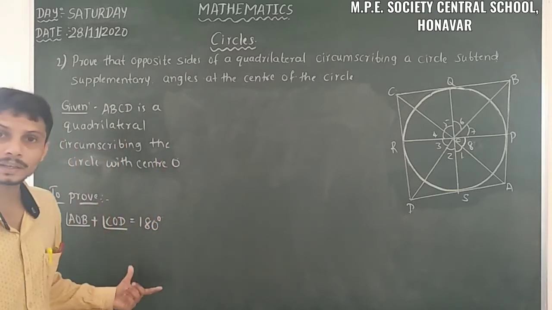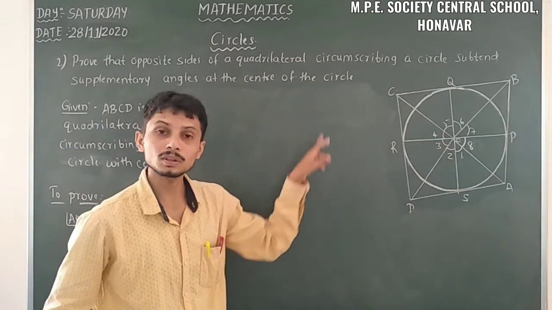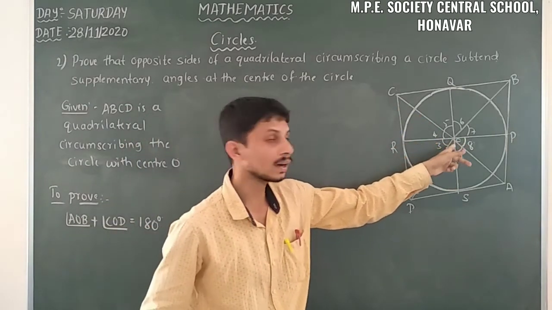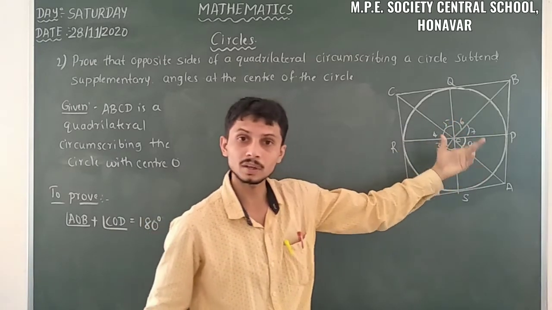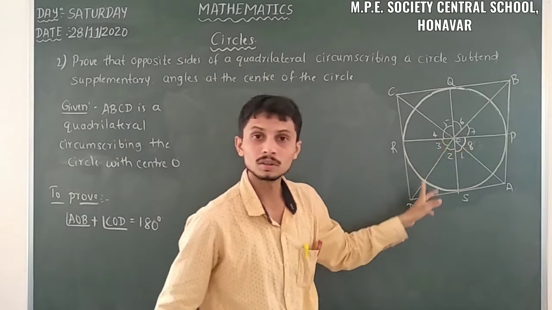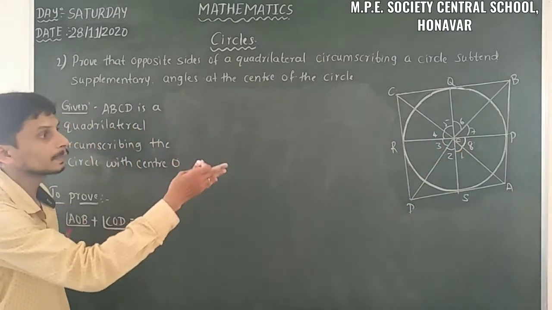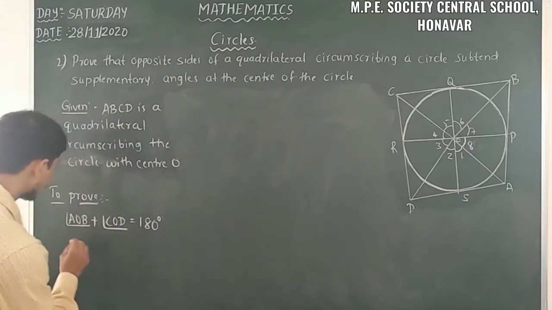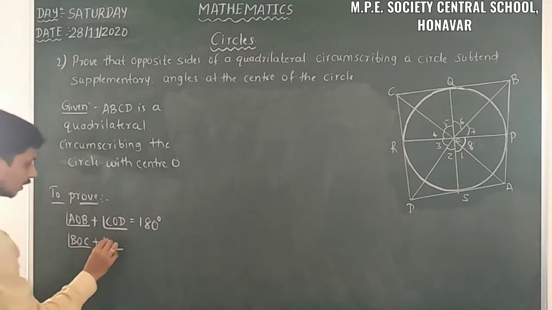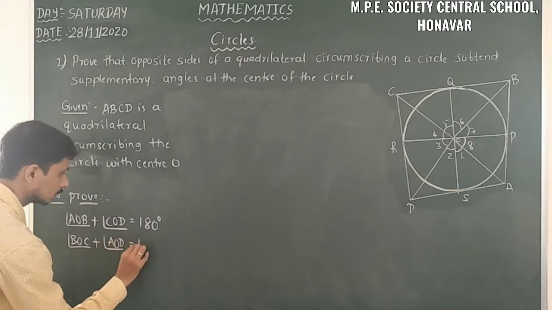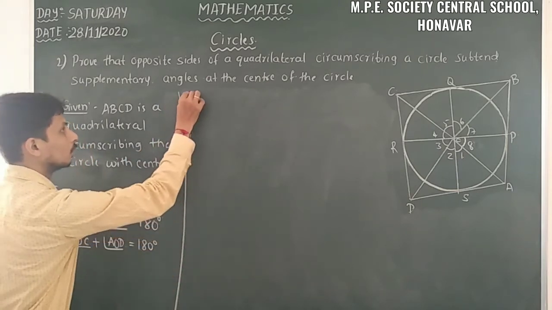When it is correct, we already know that the angle around a point is 360 degrees. When the sum of these two is 180 degrees, the sum of the other two is obviously 180 degrees only. So angle BOC plus angle AOD is also equal to 180 degrees. That is what we have to prove.